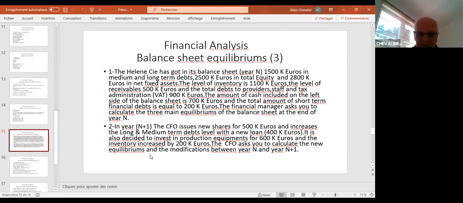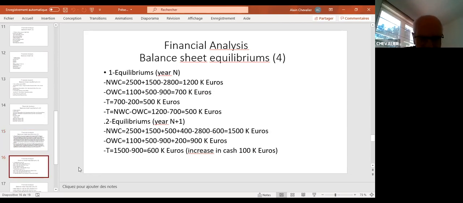Okay, so let's go back to calculations here. N+1. Net working capital. What has happened to the net working capital? You still have the initial data, the 2,500, the 1,500, the initial long-term financial resources, equity and loans. You find again the 2,800 for the fixed assets, but we added here 500 and 400 for the long-term financial resources, equity and loans.